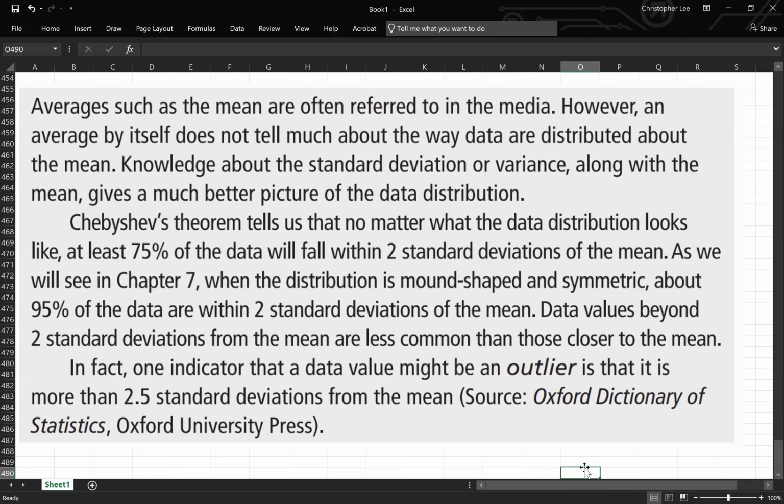As we will see in a later chapter, when the distribution is mound-shaped and symmetrical, about 95% of the data are within two standard deviations of the mean. Data values beyond two standard deviations of the mean are less common than those closer to the mean. In fact, one indicator that a data value might be an outlier is that it is more than 2.5 standard deviations from the mean.